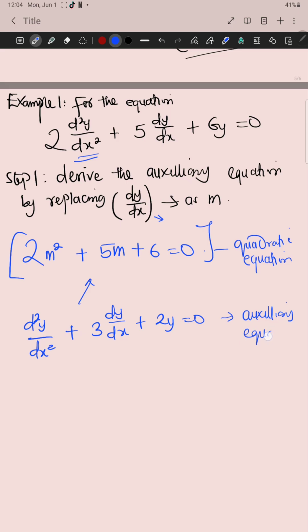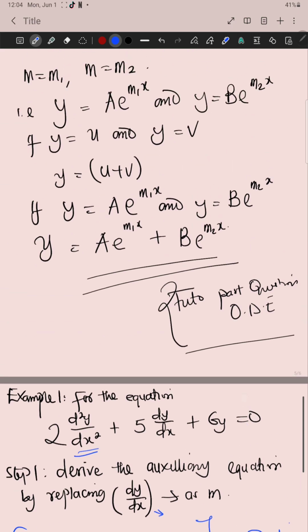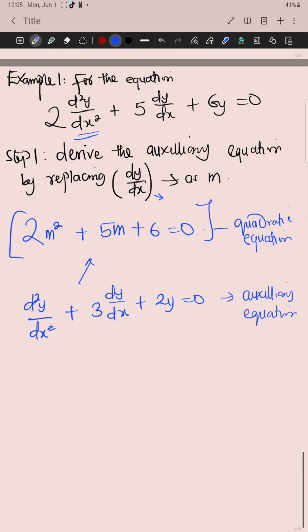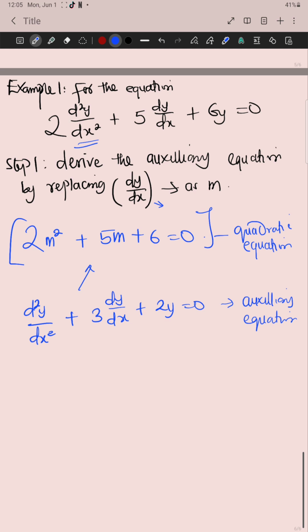Auxiliary equation. I would like for you to calm down and go through the thought process of this video before you start solving. Do you understand? Now, if this is a differential equation where we have d squared y over dx squared plus 3 dy over dx plus 2y is equal to 0, you have not yet derived the auxiliary equation.